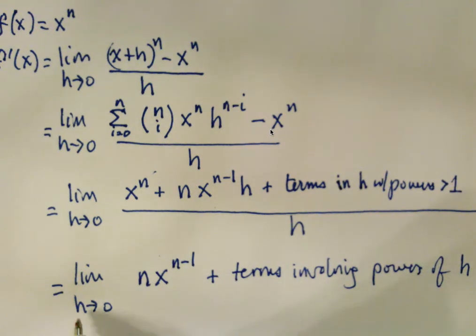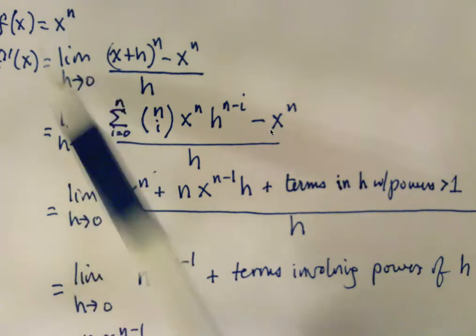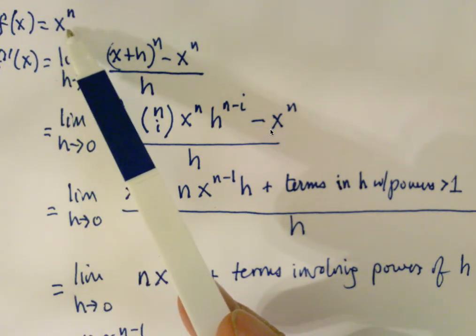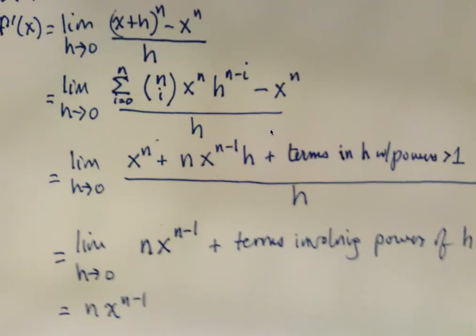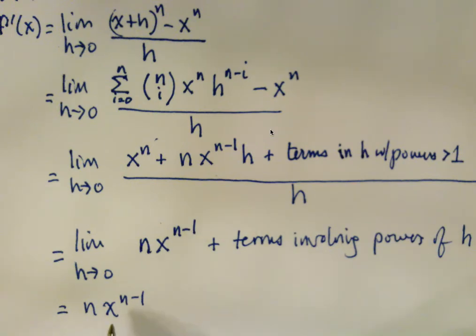And when we take the limit as h goes to 0, this just goes to 0, and we're left with this. So now we have proved that the derivative of f of x equals x to the n equals n times x to the n minus 1.